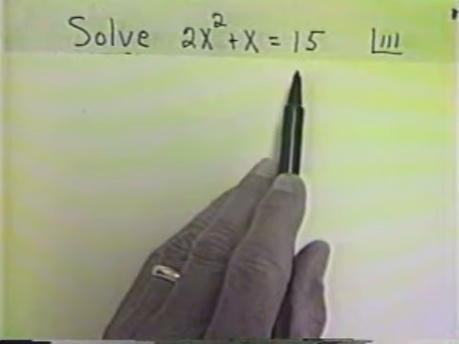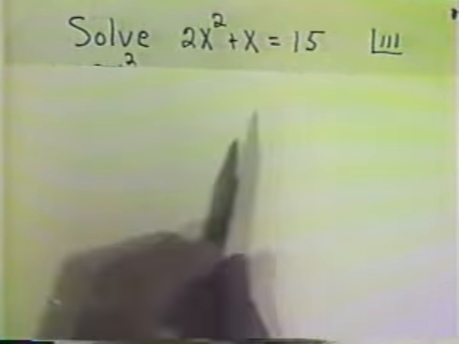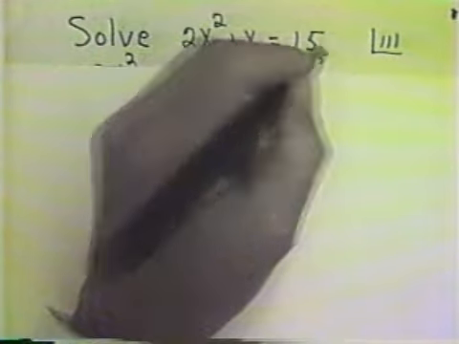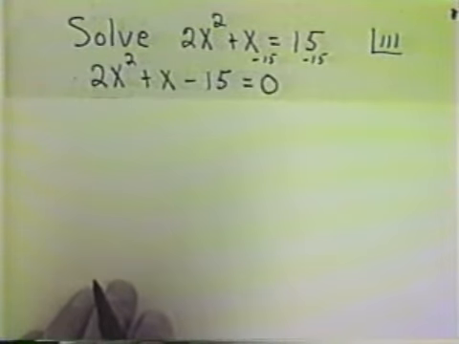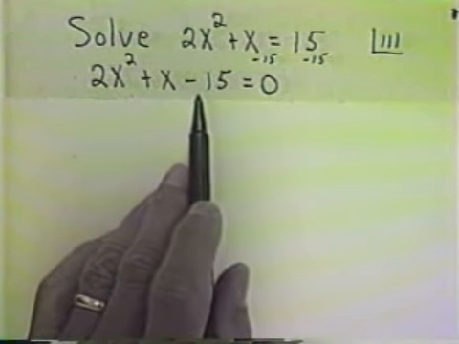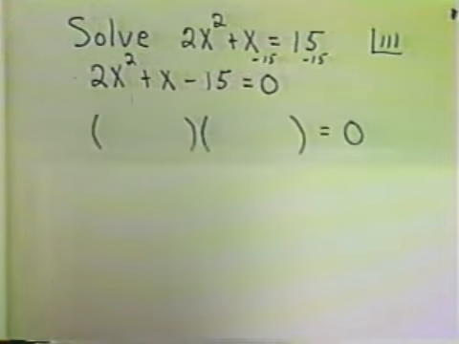To get the right member 0, I need to subtract 15 from both sides, and I would get 2x squared plus x minus 15 is equal to 0. So that's the first step. The next step is to completely factor the left member.